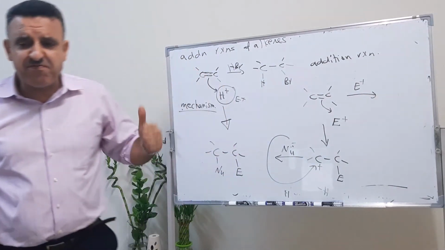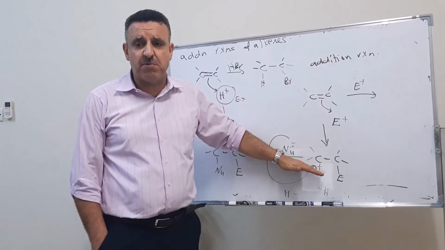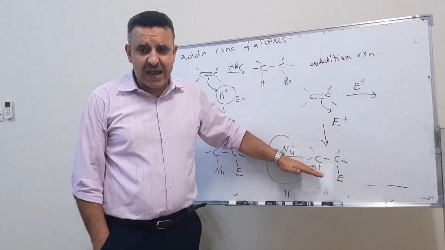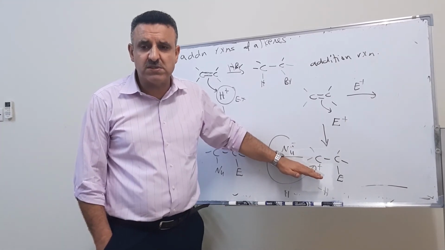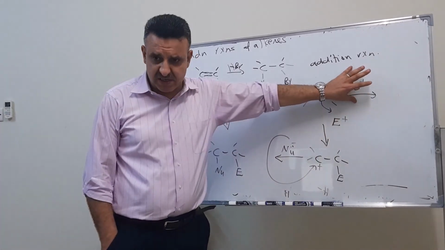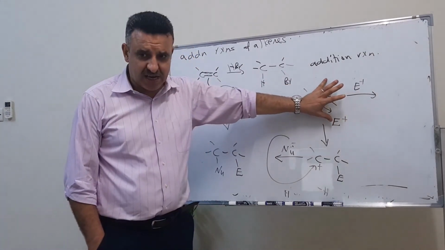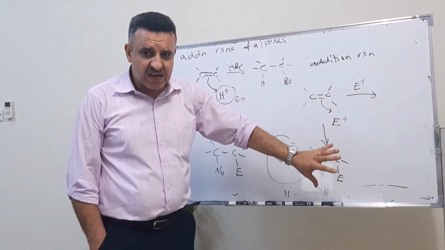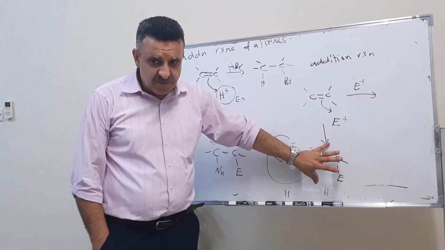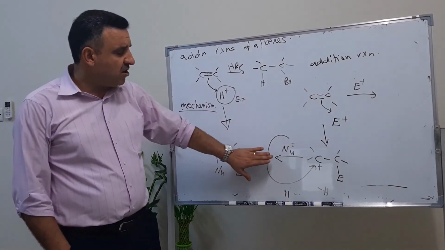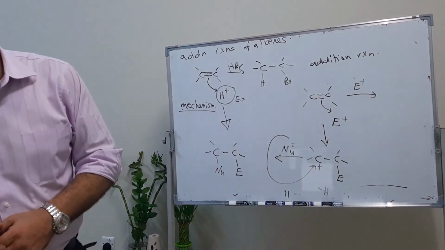Every polar addition reaction to the carbon double bond carbon follows this mechanism. Always, the electrophilic part of the adding molecule will react first with the carbon double bond carbon and form a carbocation intermediate, like in this case, followed by the reaction of the nucleophile. Do you follow me?